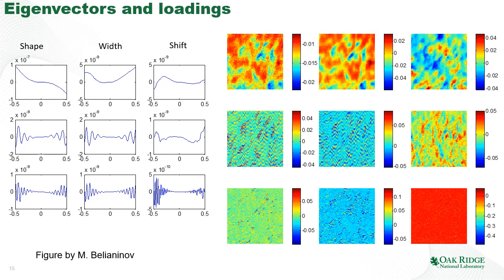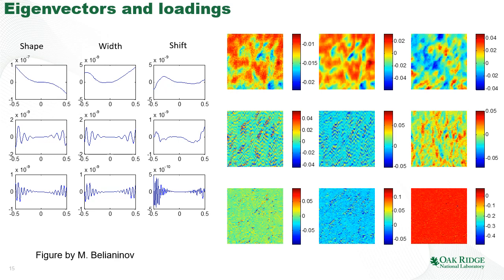We know that the first eigenvector and loading map should contain the most information about the sample, the second should contain less, and so on and so forth. Now, PCA is a purely statistical method. We don't expect it to tell us anything about the physics of what is going on. We just explore the data.